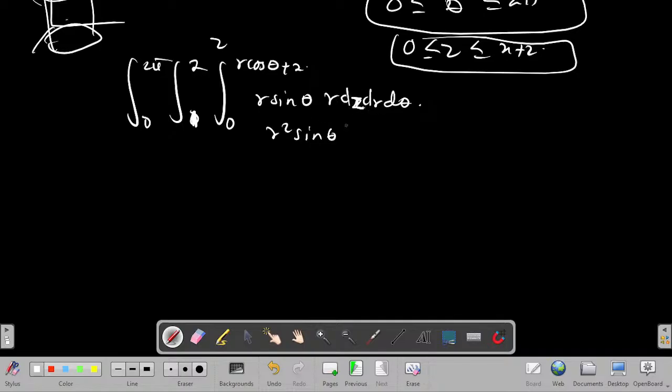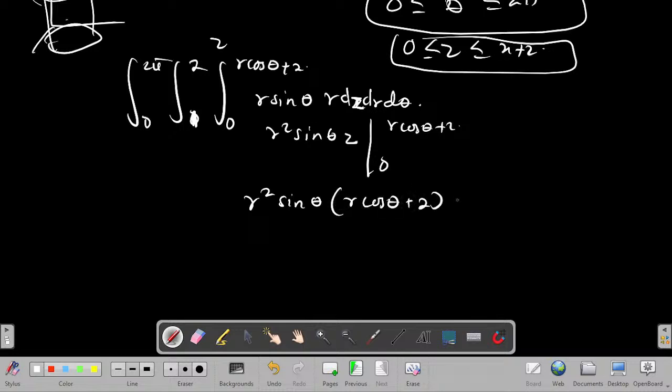When I integrate with respect to z, I simply bring z, and I introduce 0 to r cos theta plus 2. Wherever I see z, I'll put this. My function becomes r squared sine theta, multiplying the expression r cos theta plus 2, and I'll have dr d theta, from 1 to 2, from 0 to 2 pi.